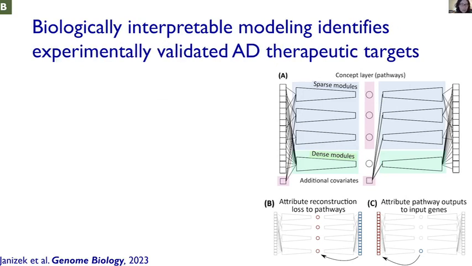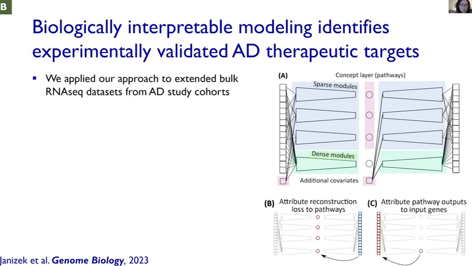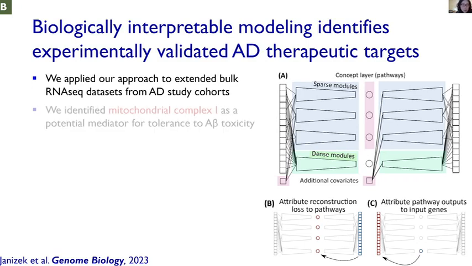And then the question is, what does it mean if you apply this method to an AD data set? First, we can extend the data sets because we don't have to worry about the phenotype data there. So we used an extended set of RNA-seq data sets and applied this method, and we identified mitochondrial complex 1 as a potential mediator.